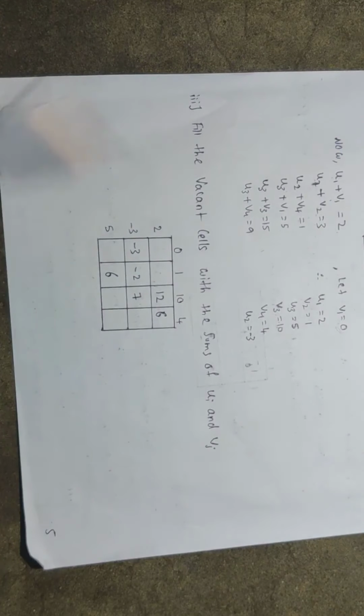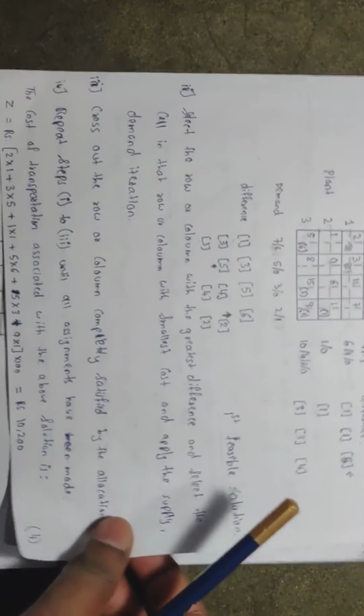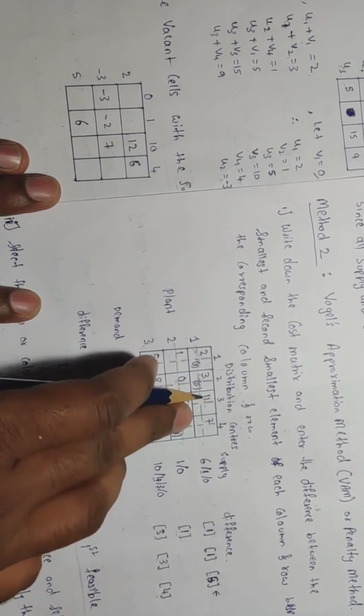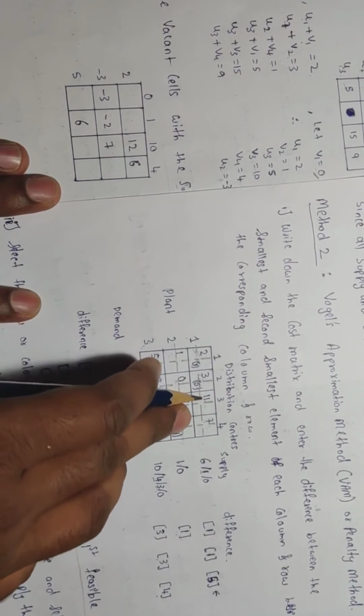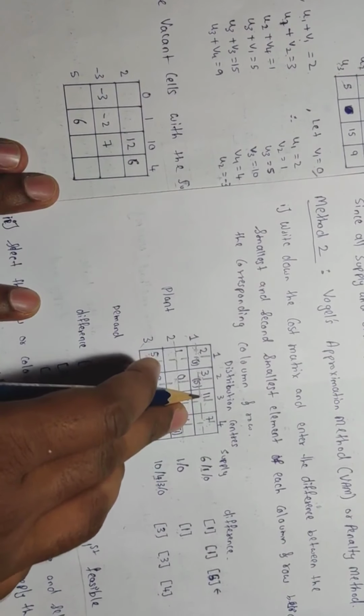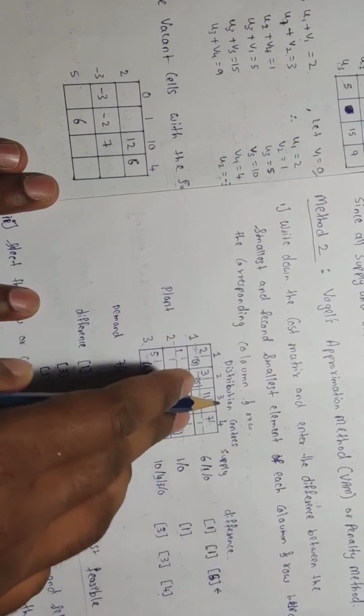Once you get this new table, you are going to take the difference of these two values. That is nothing but the cost value. Can you see this one? This is the actual given value in the problem, right? This is the cost of going from plant 1 to distribution center 3.